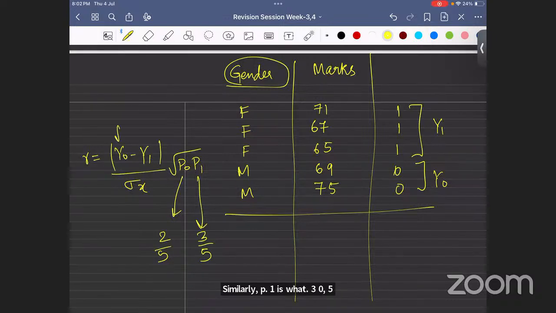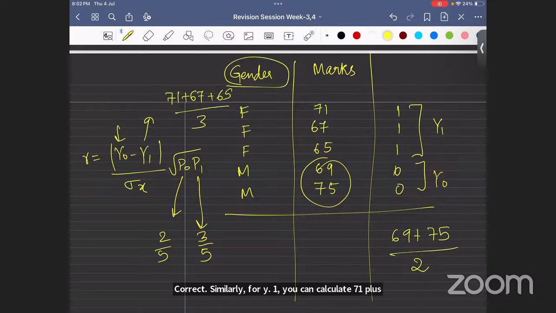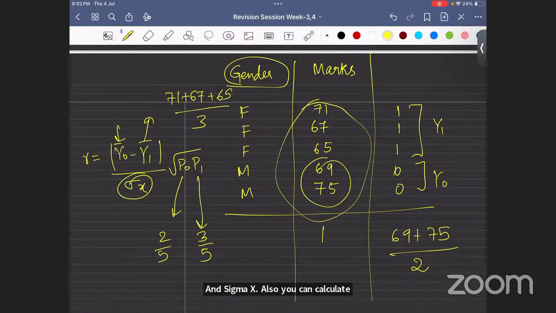You can calculate the mean: 69 plus 75 upon 2, correct? Similarly, for y1, you can calculate 71 plus 67 plus 65 upon 3. That will be the mean y1, okay? And sigma x also you can calculate for these 5 values. So you can calculate the population standard deviation. If you put all those values, you'll be getting the value of 5. Is this clear to everyone?